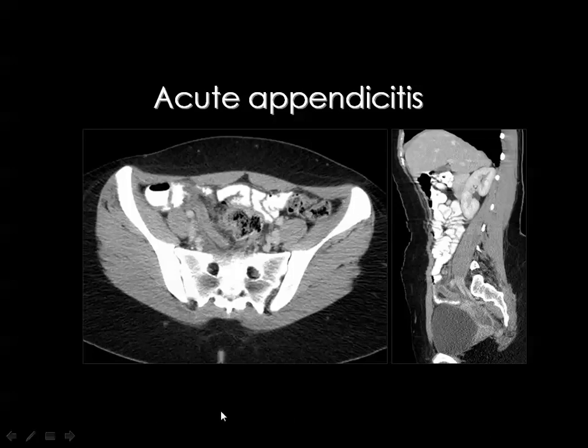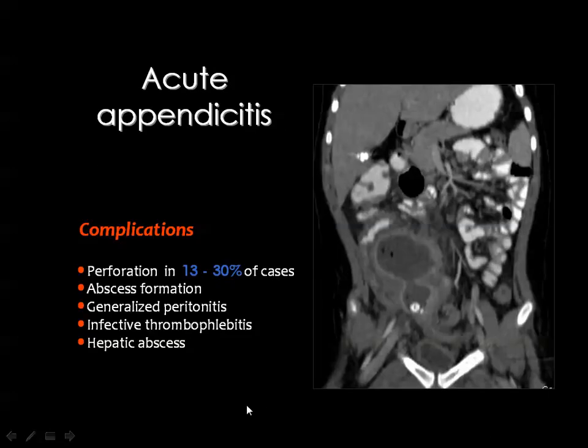Then there are some cases where you can see the appendix is dilated and the wall is thickened and there is fluid inside the appendix, but you cannot see the appendicolith. The appendicolith is not usually present in every case of acute appendicitis.